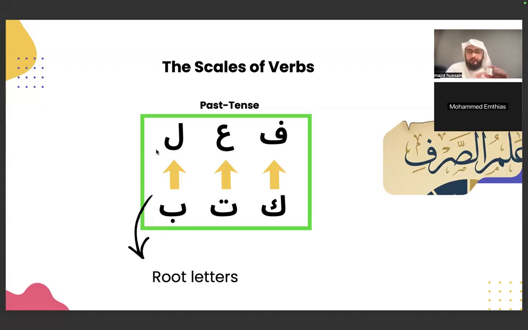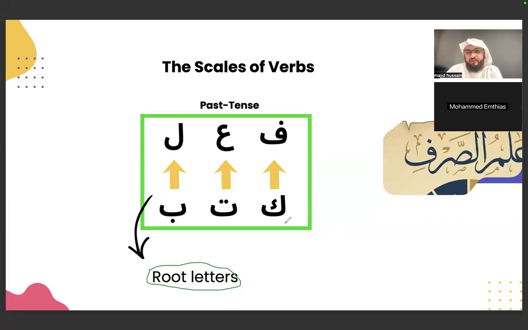When I apply a word on this formula, I will get something called root letters. So basically, to find the root letters of any word we have in the past tense, we have to apply that verb on the scale of fa, ain, and lam.